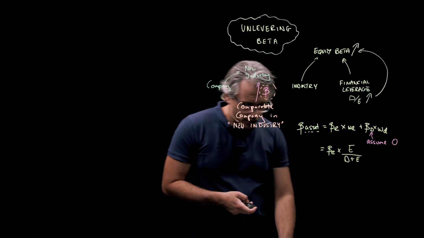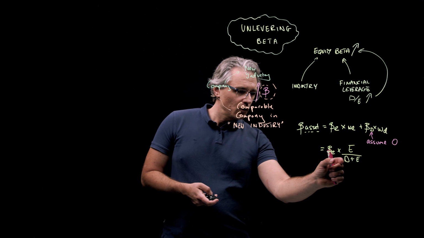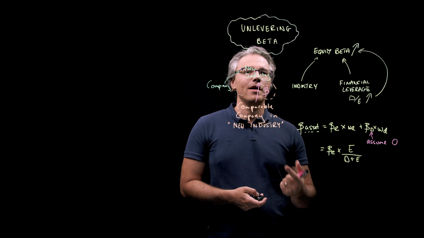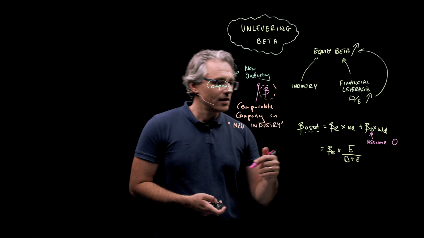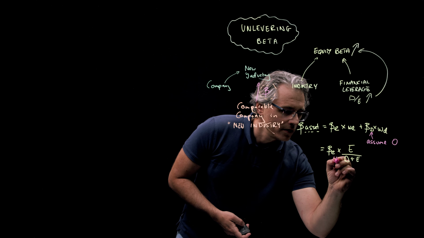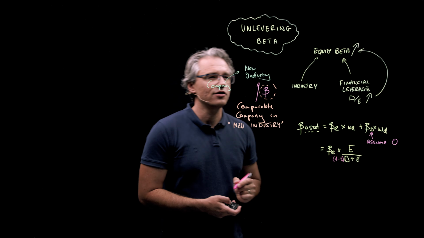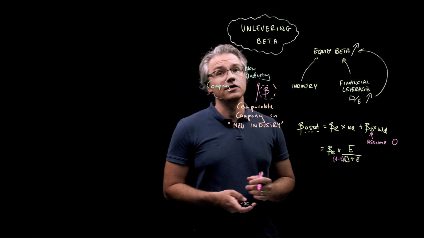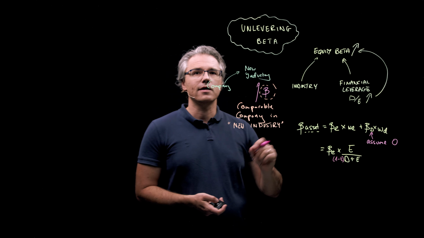But what we additionally do here is we multiply the debt by the tax shield. So let me say 1 minus t over here, just before the D term, or it could be just as well after the D term. That's our tax shield, 1 minus the tax rate.